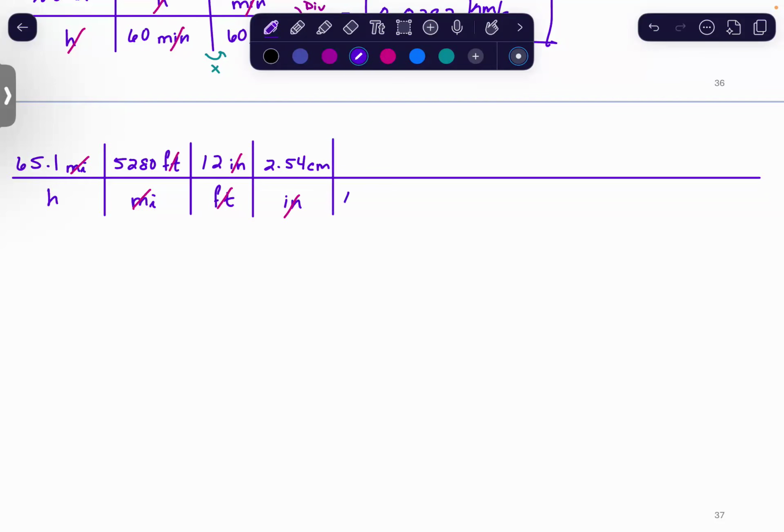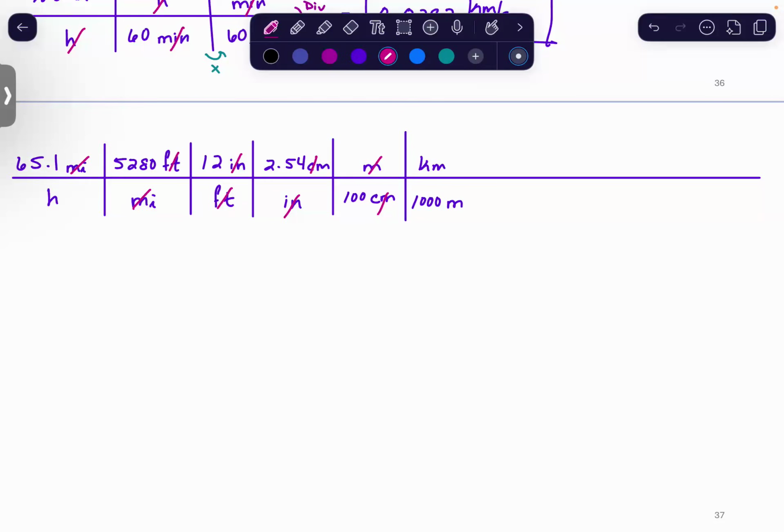And then I have my 100 centimeters in a meter. Centimeters divide out. Up to meters per hour. And then 1,000 meters in a kilometer.